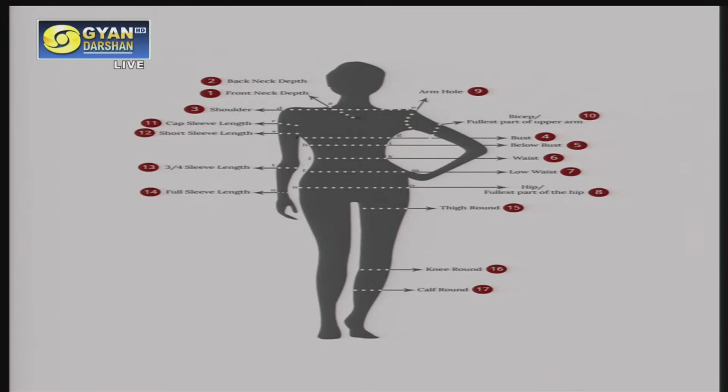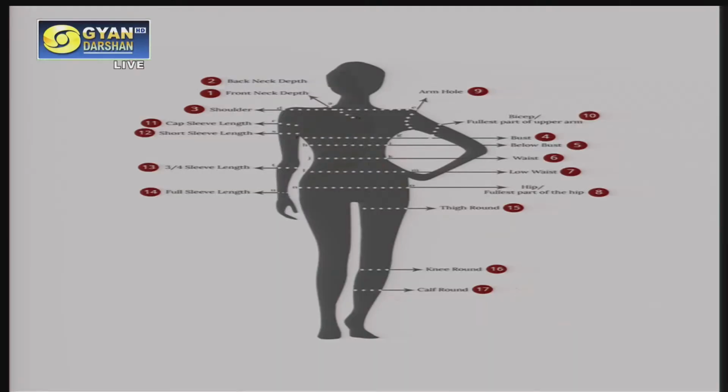In the picture, also in your study material, you can see a total of 17 landmarks given on the body, for which we need to take the measurement for every type of garment, such as the armholes, back neck depth, front neck, shoulder, and cap sleeve length.